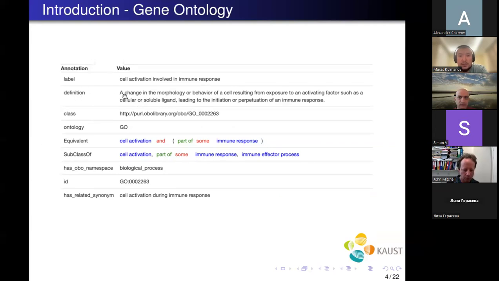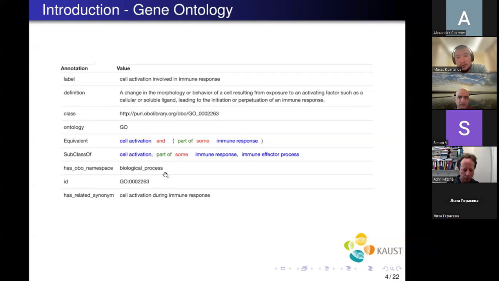There are definitions described in natural language, and labels also described in natural language. And then there are axiomatic definitions. For example, one class can be described using other classes: cell activation involved in immune response will be described using other classes like cell activation and immune response, subclass-of axioms, and many others.